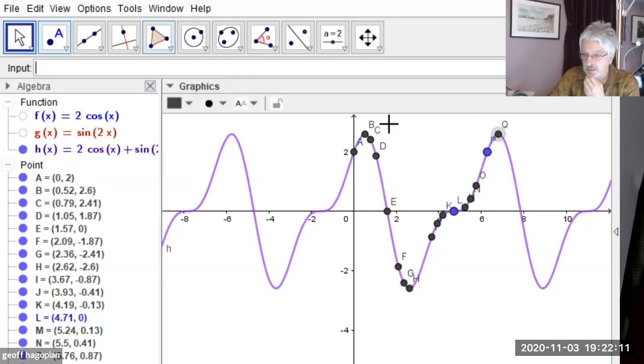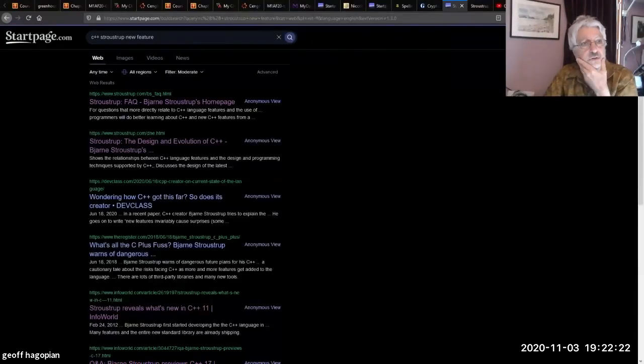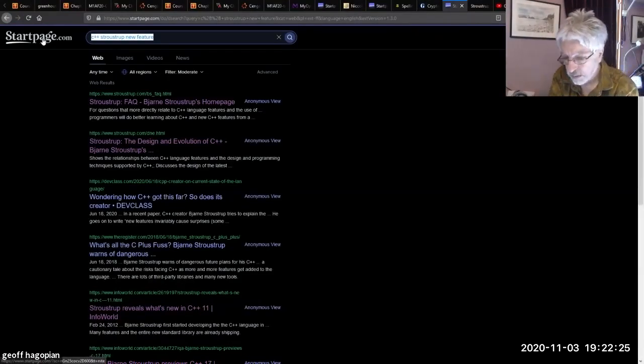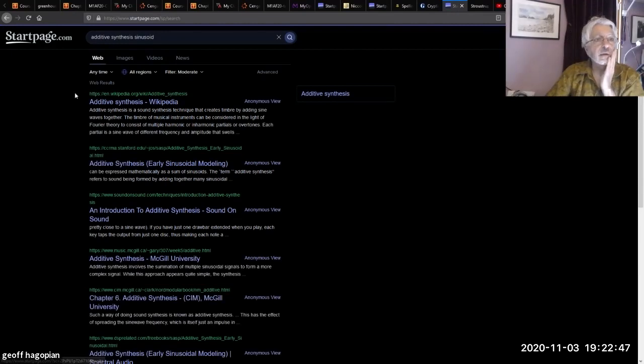So let's see a little bit more about this. This comes under the heading of additive synthesis, right? So if we go to our search engine here and we say additive synthesis sinusoid applet. There's a Wikipedia entry.